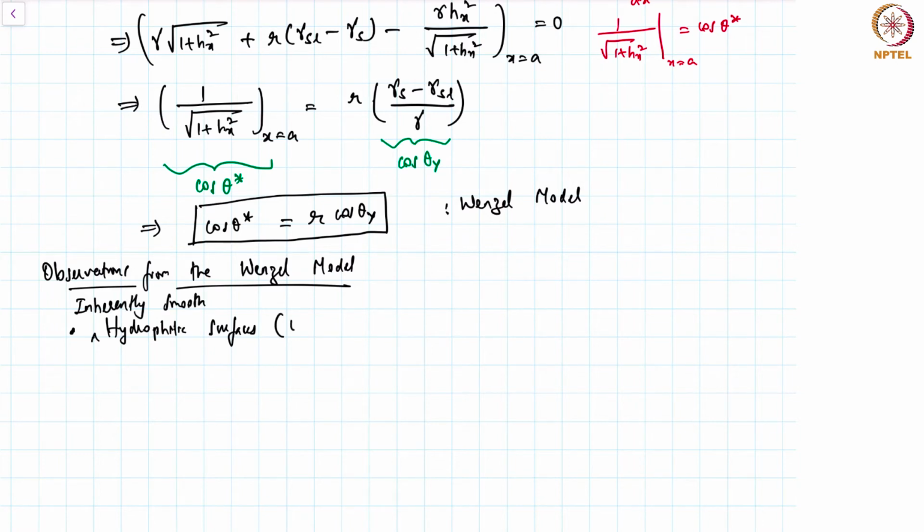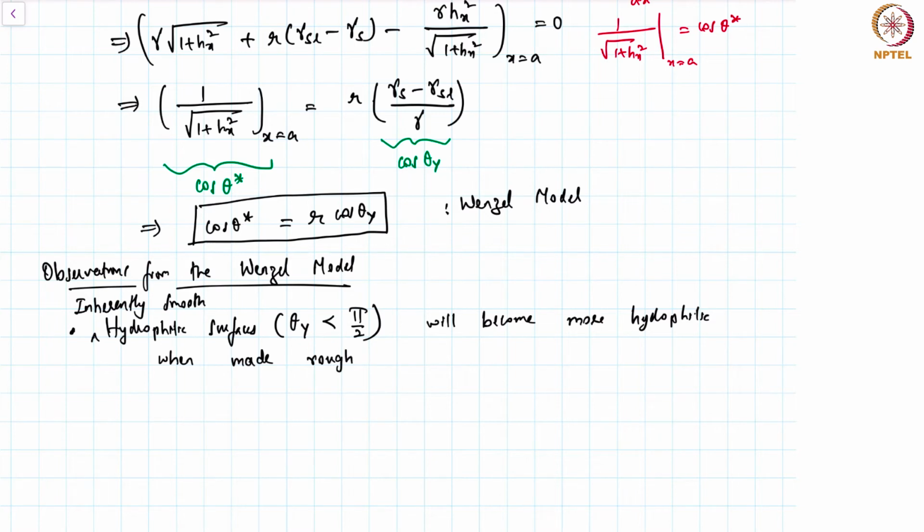Inherently smooth hydrophilic surfaces, meaning the Young's angle is less than 90 degrees, will become more hydrophilic when made rough.